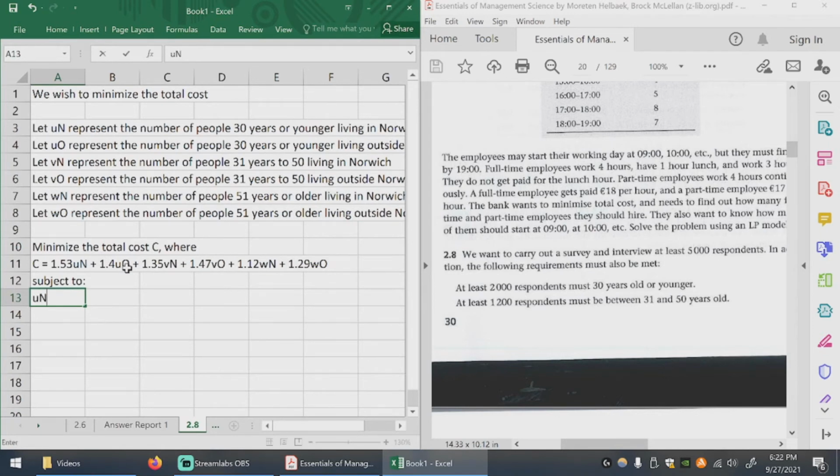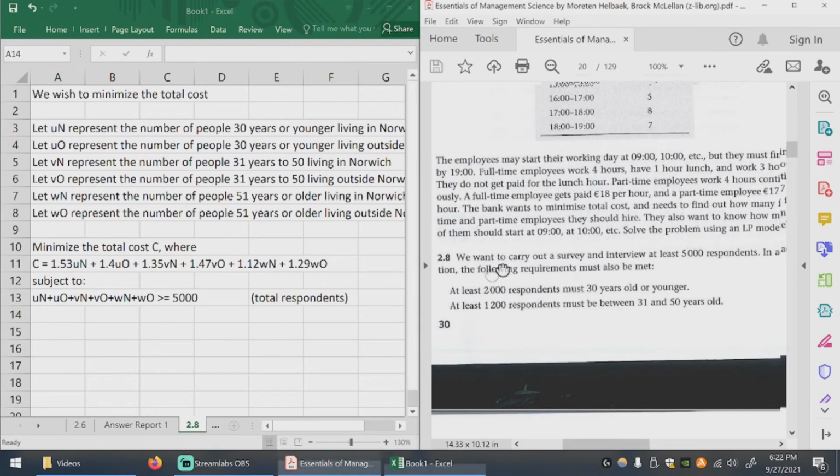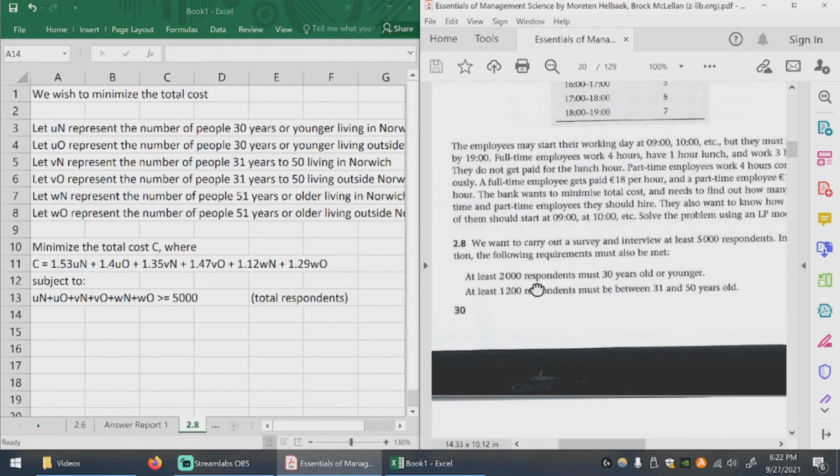All of these people, plus all of those people, plus all of this group, plus all of that group. All of them must be at least 5,000. Let's give it a name here: total respondents. Done for that one. Now I keep going. What else is there? Bring it on.